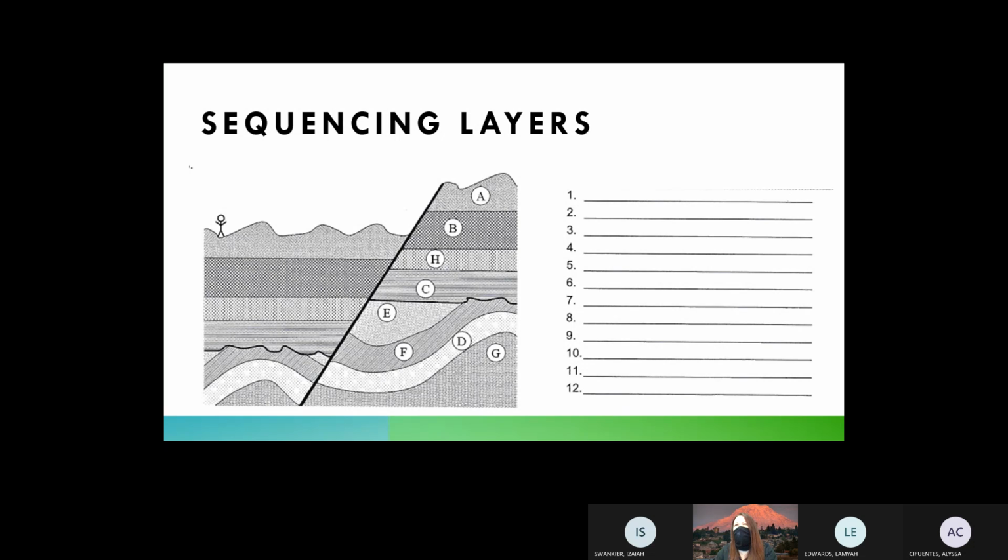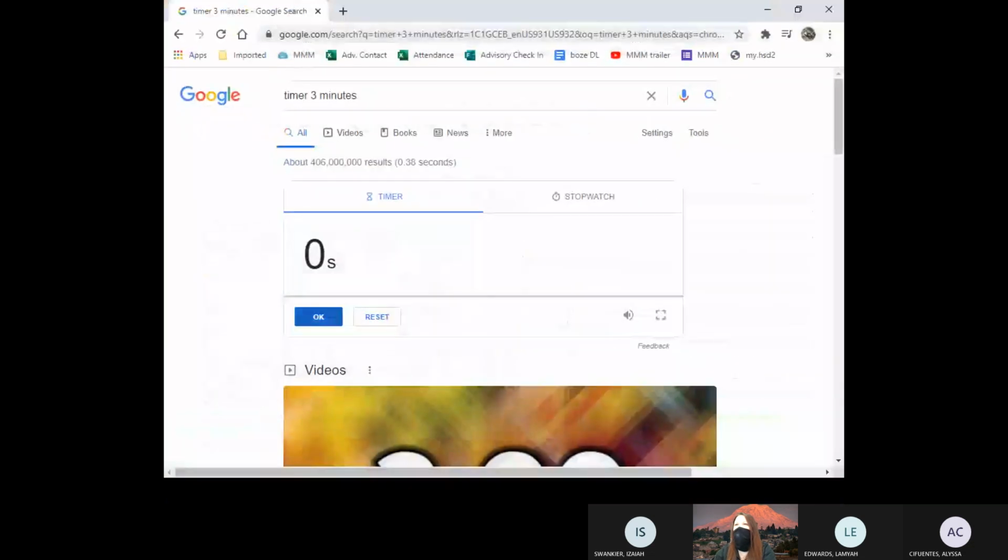Good. There's 8 sediment layers, 4 events. That'll give us 12 total. So go oldest to youngest. And I'll give you a little bit longer on this one.